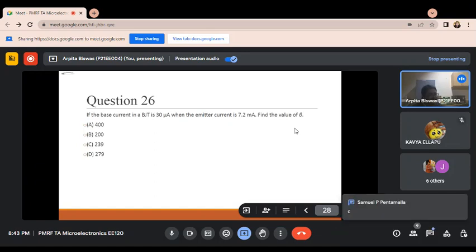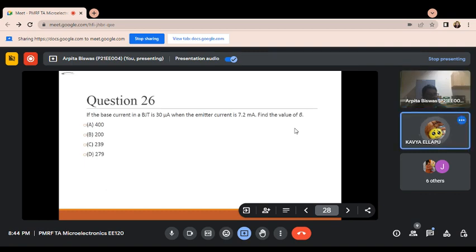Okay, some more options here. IE equal to IC plus IB, so IC equal to IE minus IB. If we convert this 30 micro to milli, then the IC value will be 7.17 milliamps. Yes, ma'am.